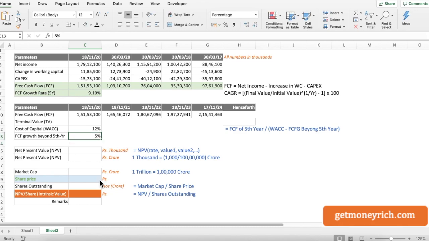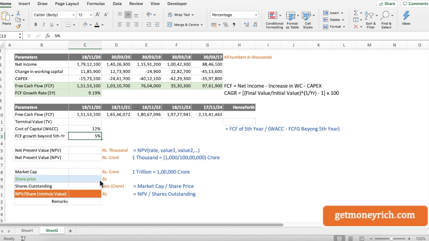Why 5? Because no matter how good a company is, as a retail investor, we cannot foresee at what rate a company can grow beyond 5 years. Sometimes it is even difficult to forecast at what rate the company will grow in the next year. We are talking about 5 years hence.